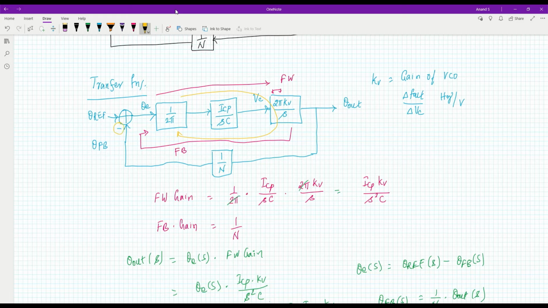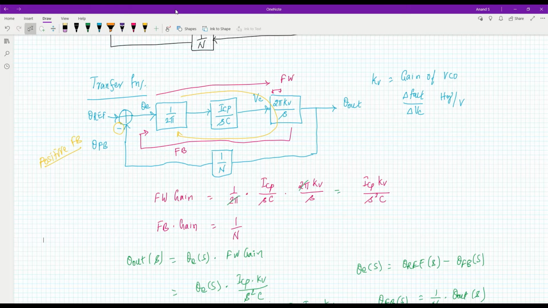In total we will have a 360 degree phase shift. So this will result in addition rather than a subtraction. So this will lead to positive feedback. So the positive feedback will result in instability in the system.